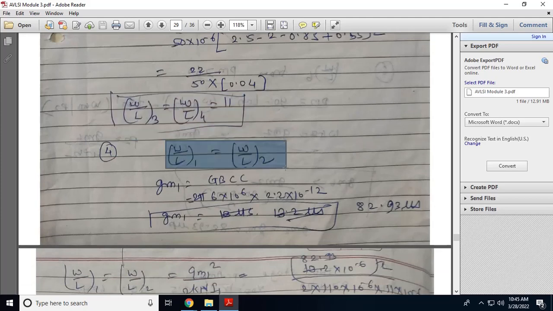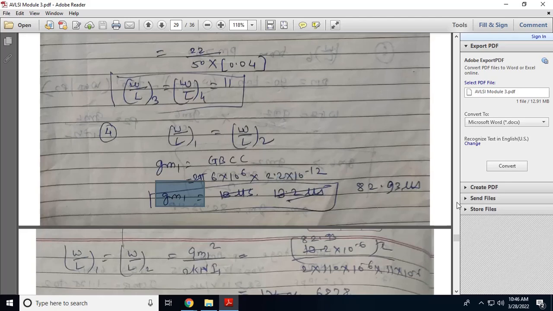Then size of 1 and size of 2. First we calculate transconductance 1, which is equal to gain bandwidth multiplied by Cc. Gain bandwidth is 6 megahertz, that is 2 pi 6 megahertz, and Cc is 2.2 picofarad. So transconductance 1 is 82.93 micro Siemens.